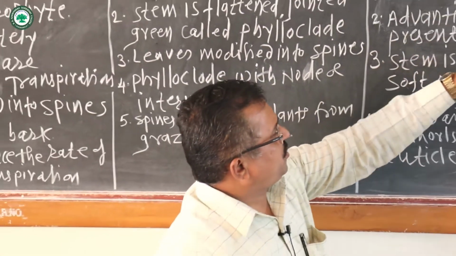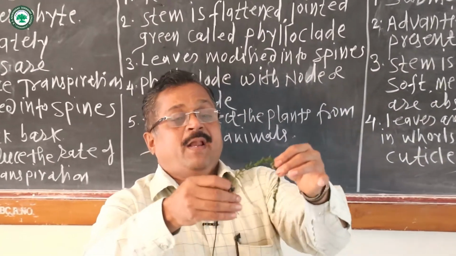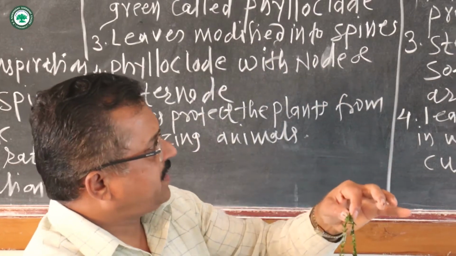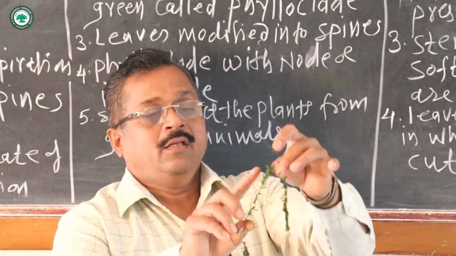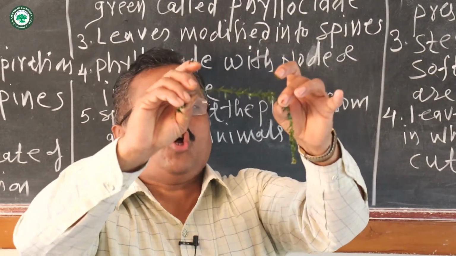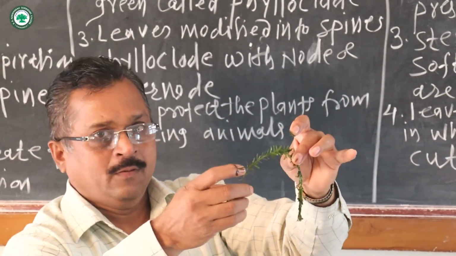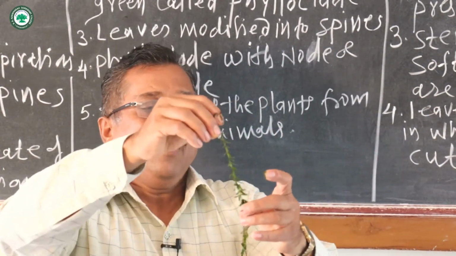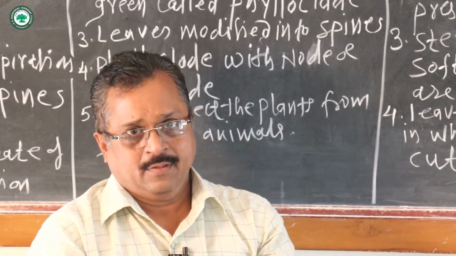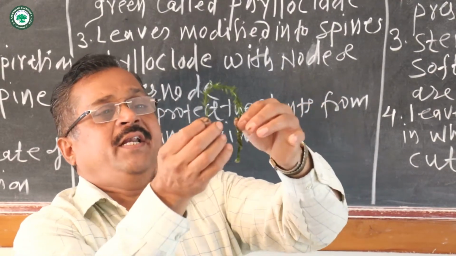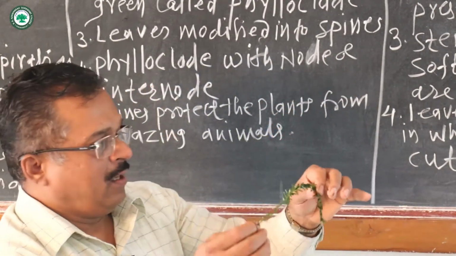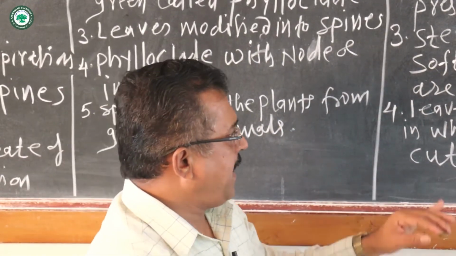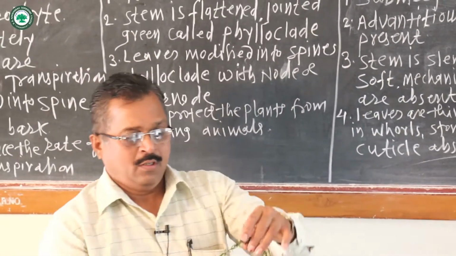Here an adventitious root system is present in this plant. Then the stem is slender, soft, branched. In the stem, mechanical tissue is absent, hence it is soft. Leaves are thin, arranged in whorl.